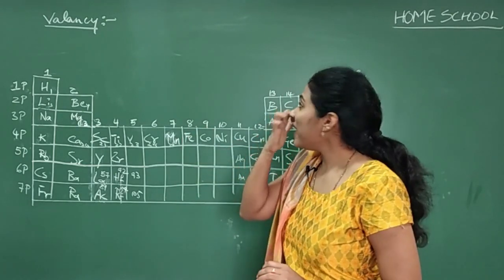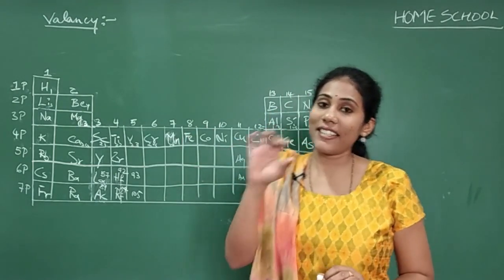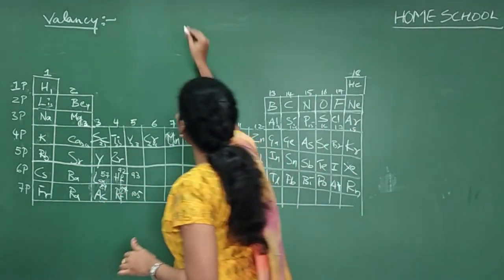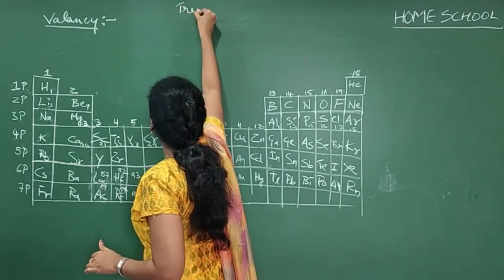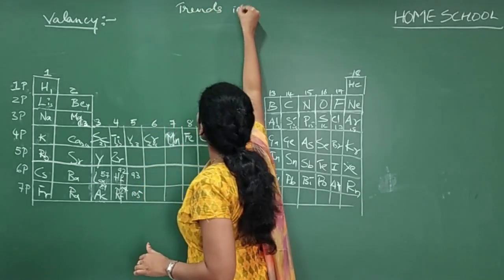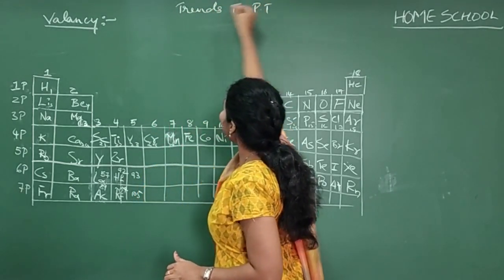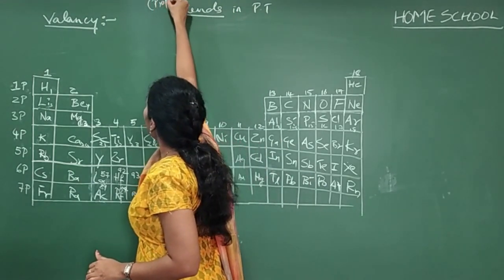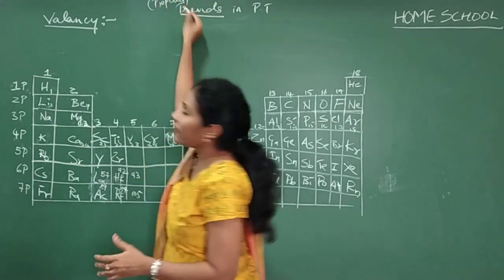We have actually started discussing the trends in the periodic table. Trends in the sense certain properties, how do they vary?